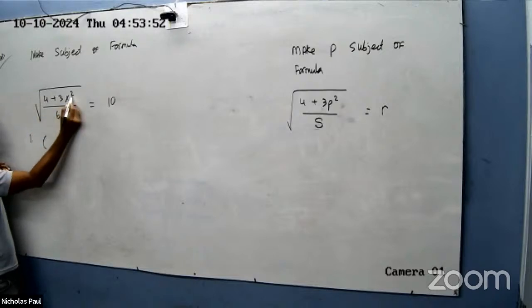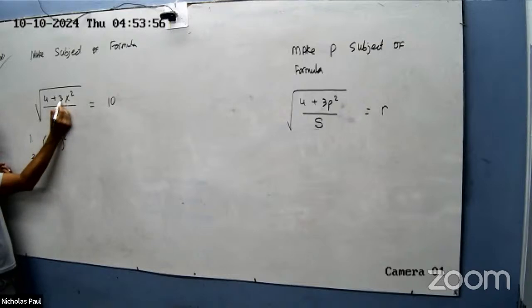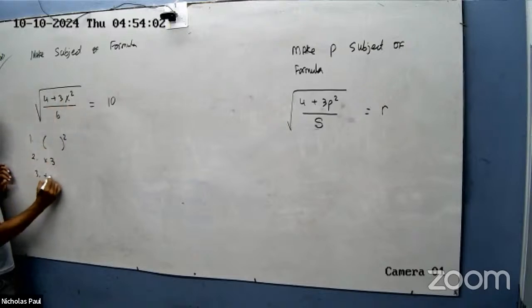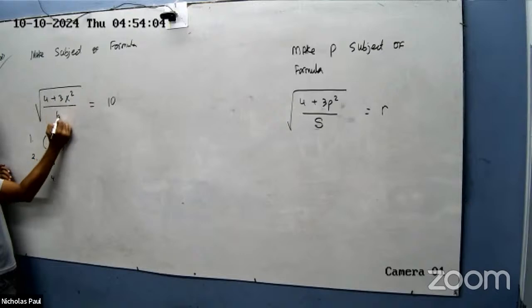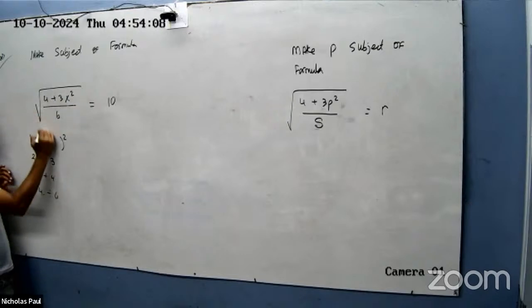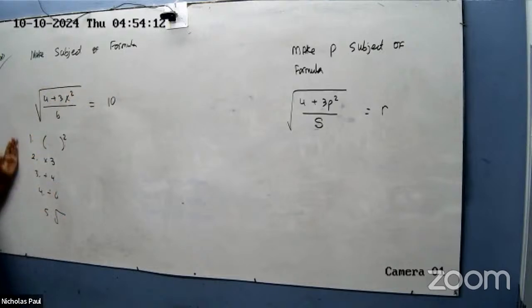The first thing you would do is square the x. After you square the x, you're going to multiply by 3. Then after you multiply it by 3, you're going to add 4. After you add 4, you're going to divide by 6. And then we have to square root the whole thing. So those are your 5 steps.